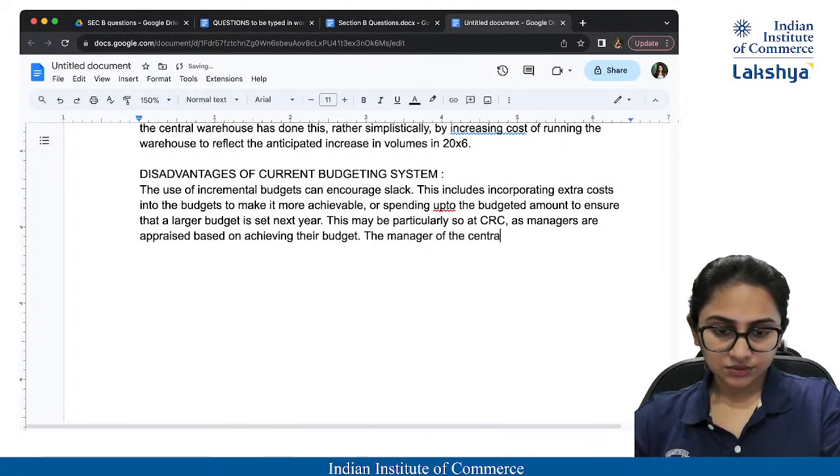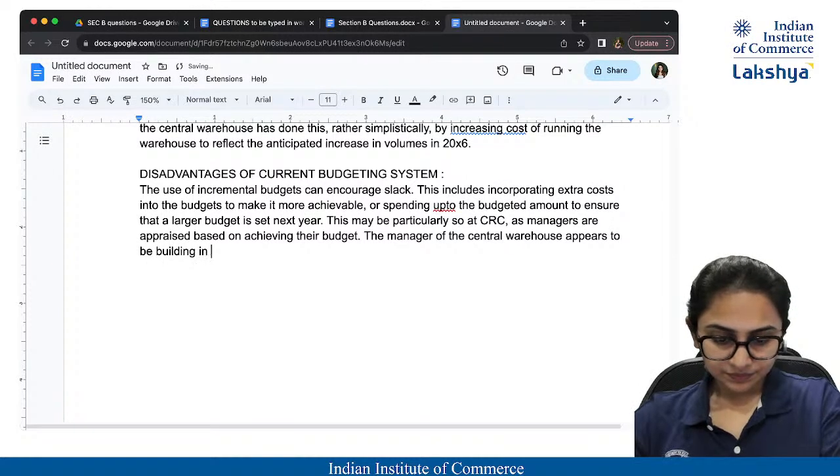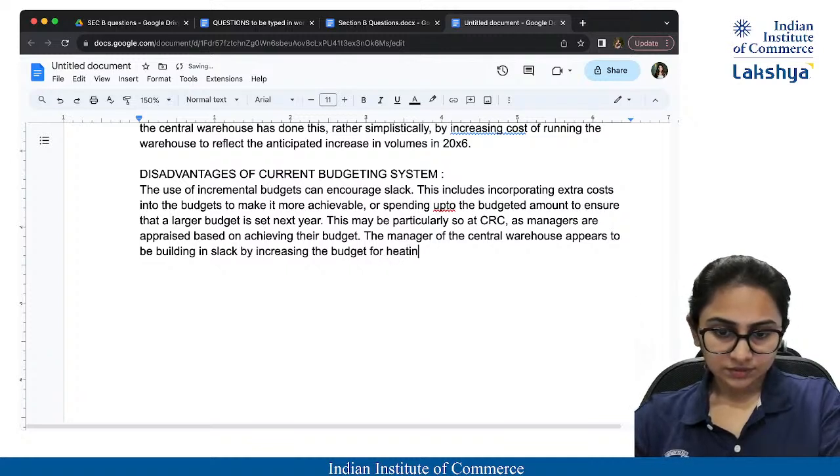The central warehouse appears to be building in slack by increasing the budget for heating and lighting, and the general rate of inflation is 0.